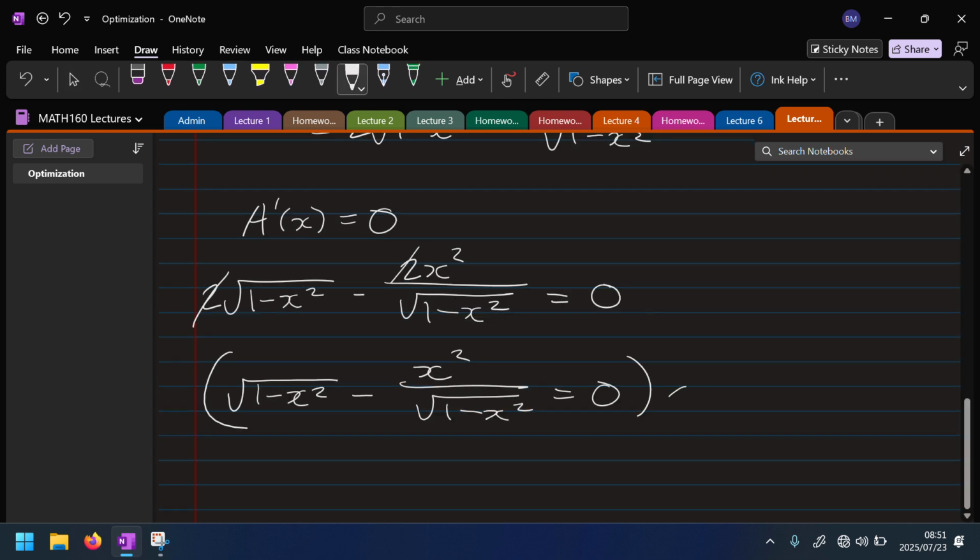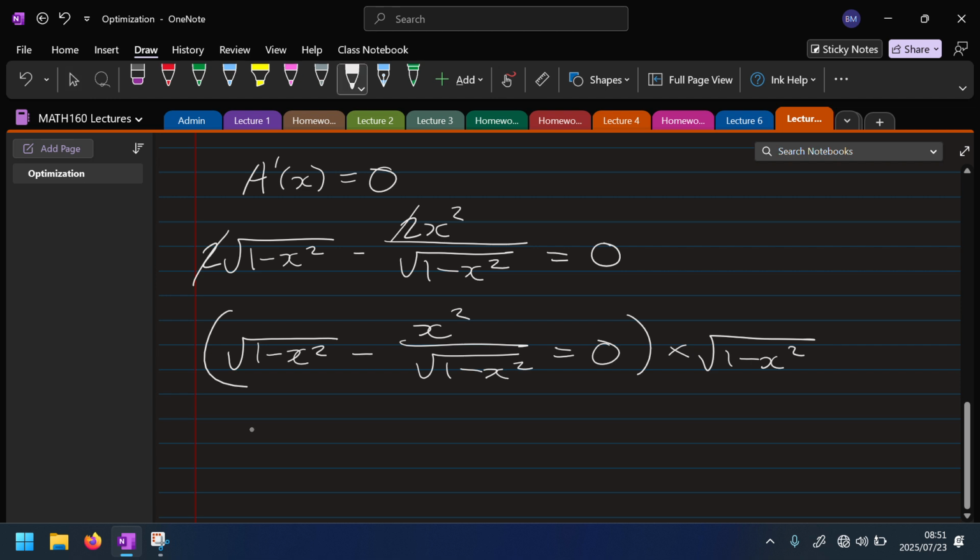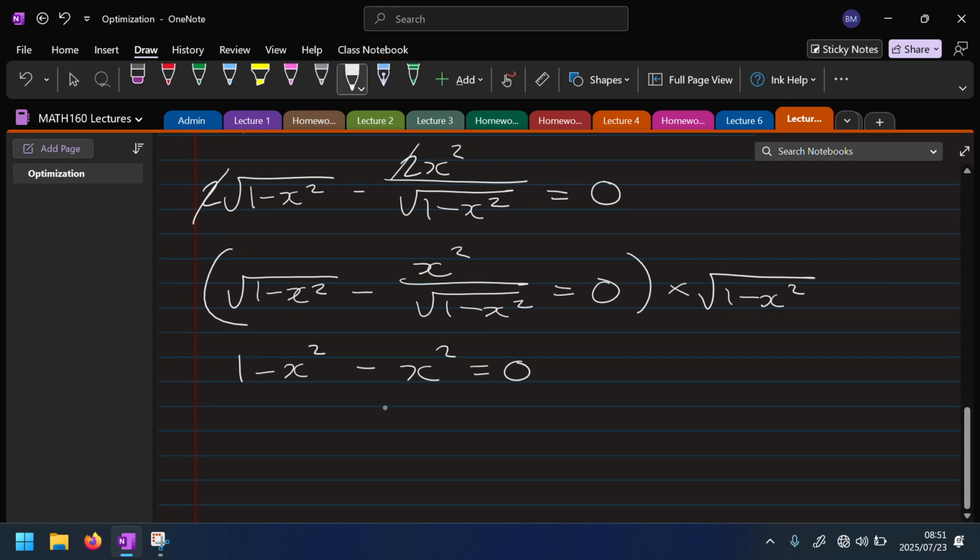We're going to take everything and multiply by root 1 minus x squared. For the first term, we've got root 1 minus x squared times another root 1 minus x squared, so that's just 1 minus x squared, minus, and then the numerator clearing out the denominator, so that's just minus x squared. So we've got 1 minus 2x squared, or we can write that as 2x squared equals 1.